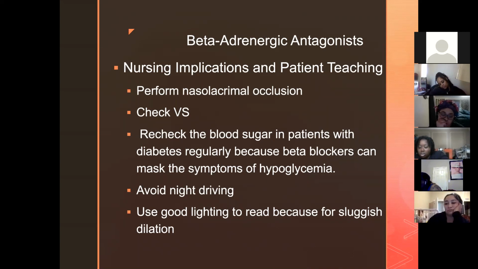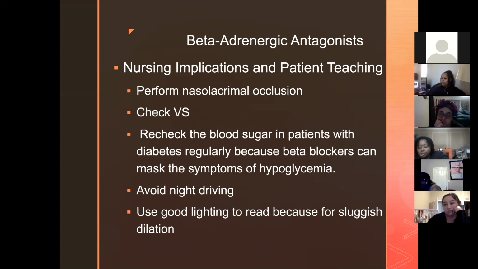If your patient has diabetes, then make sure you're rechecking that blood sugar because it can mask the symptoms of hypoglycemia, all right? So that means that your patient's blood sugar could be dropping, and the normal signs and symptoms that we would see of someone who is hypoglycemic may not manifest because of this medication. So make sure that you're checking their blood sugar.